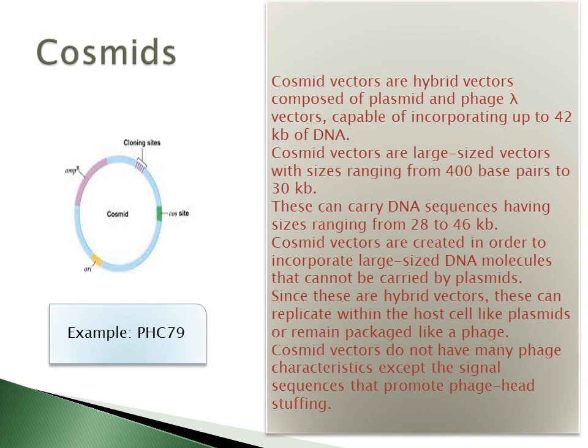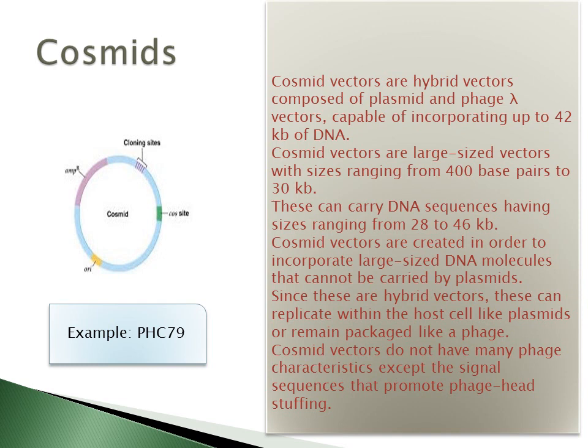Apart from this, cosmid vectors are large-sized vectors with a range of 4 to 30 kilobase pairs. They can carry DNA sequences ranging from 28 to 46 kb.